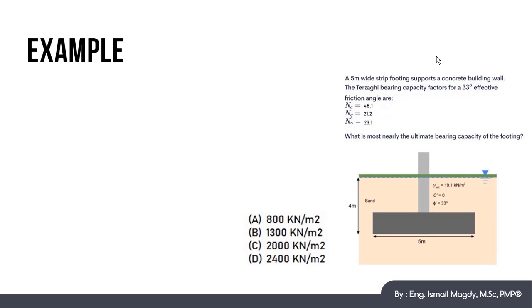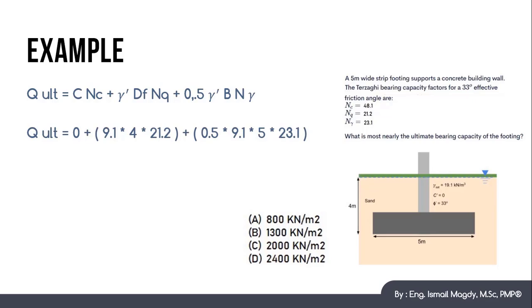So the ultimate bearing capacity will equal c Nc plus gamma effective Df Nq plus 0.5 gamma effective B N gamma. The c Nc equals 0, of course, because this is sand, and c equals 0 for sand, plus the gamma effective.